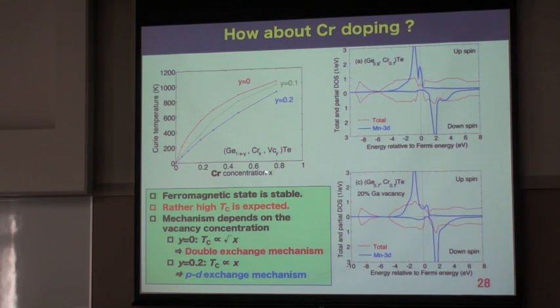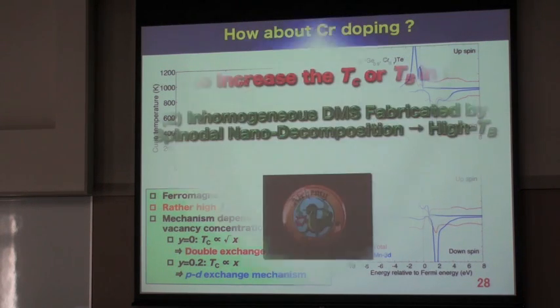If you dope chromium 60 or 70%, TC goes up to very high values. If you look at this one, you can see something like a square root behavior, because we have a very large amplitude of the chromium 3D state. In this case, the double exchange mechanism becomes dominant. It depends on the concentration like this.